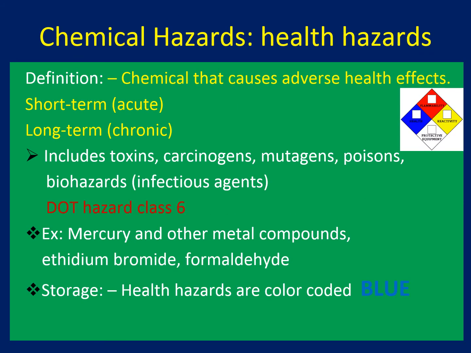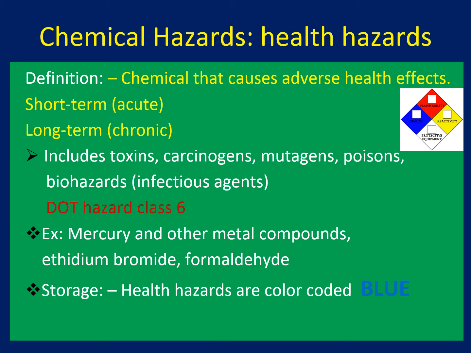Our next one is chemical hazards like health hazards, right? The health hazards are color coded with blue. Those chemicals can have short-term or long-term health effects. The short-term one we call acute, and the long-term one we call chronic.